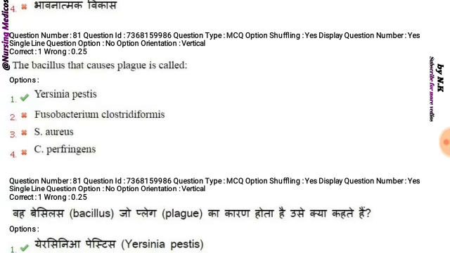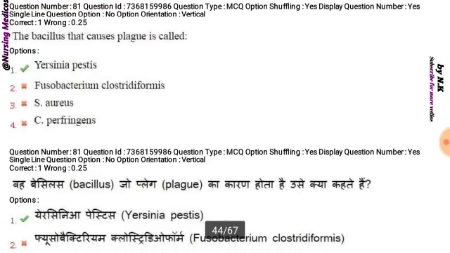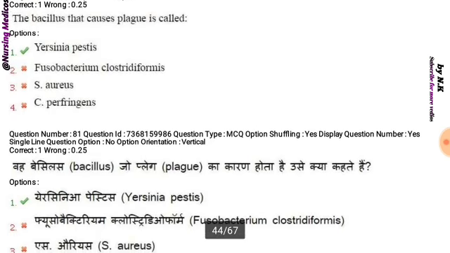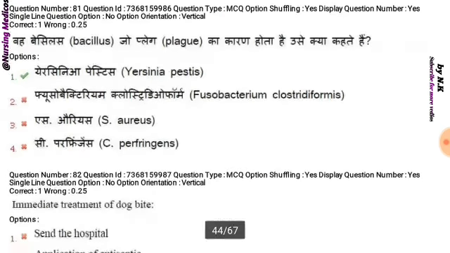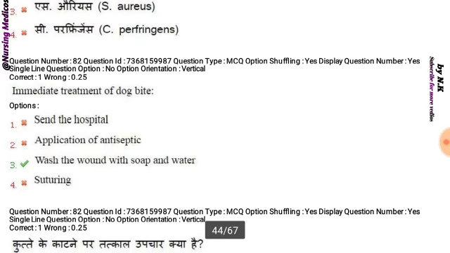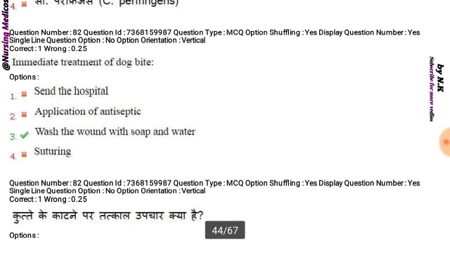Next, 81. The bacillus that causes plague is called Yersinia pestis. The next one, immediate treatment of a dog bite is: sent to the hospital, application of antiseptic, wash the wound with soap and water, or suturing.